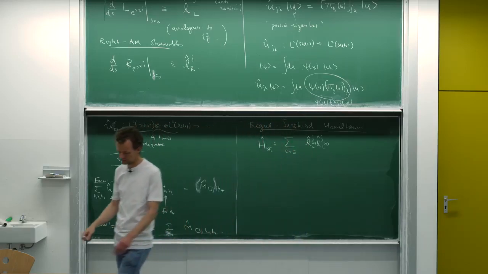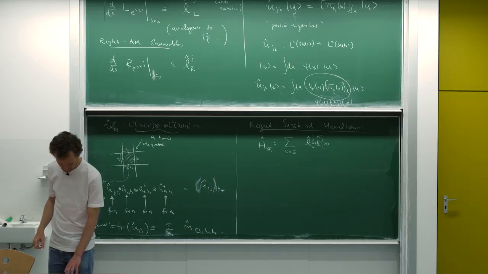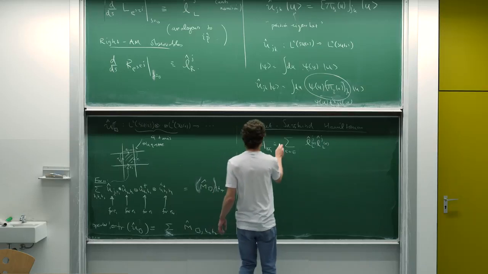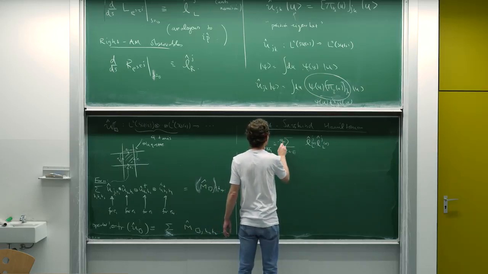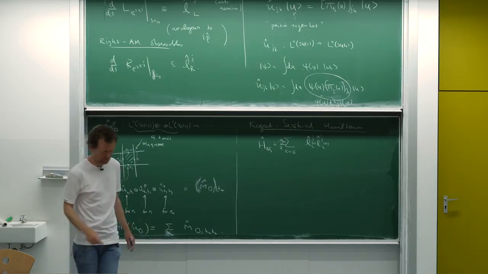Now I've got to get the constants right. Minus G, is 2. Yeah.